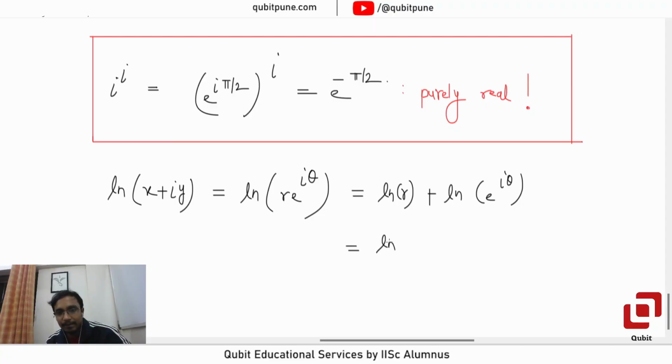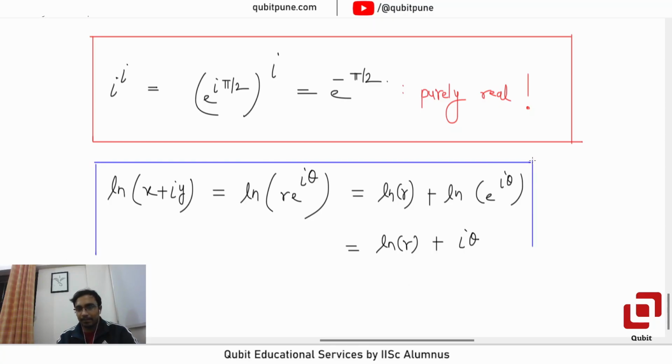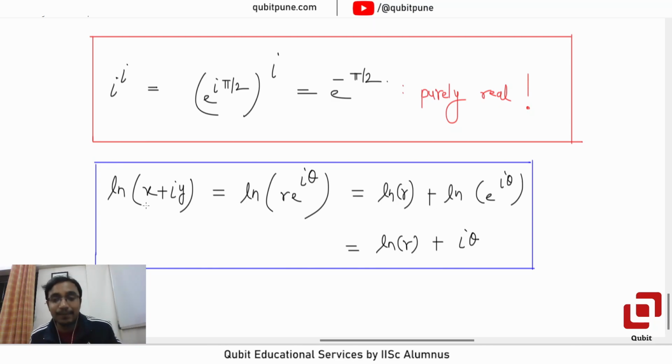So what will that be? ln r plus i theta. Okay, that is the log of a complex number. All right. Now you can also define one number raised to another complex number, but I think that's enough. Okay. Fine. So we have completely discussed the theory of complex numbers today.